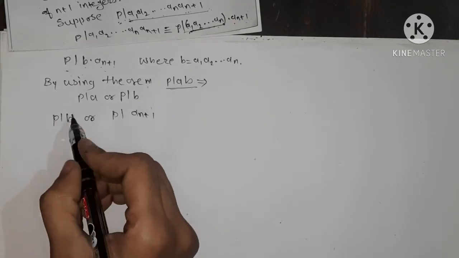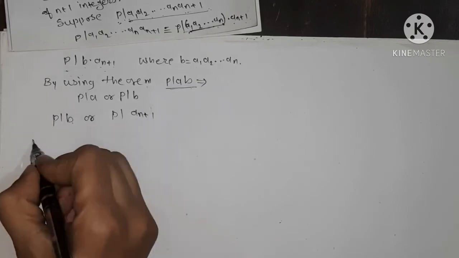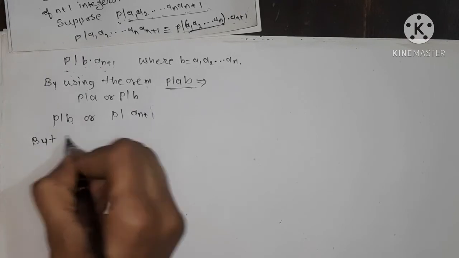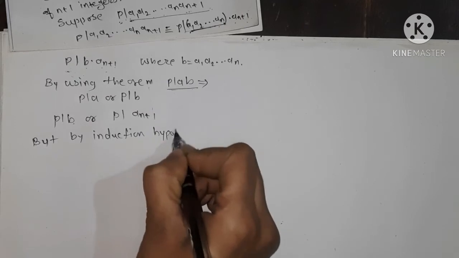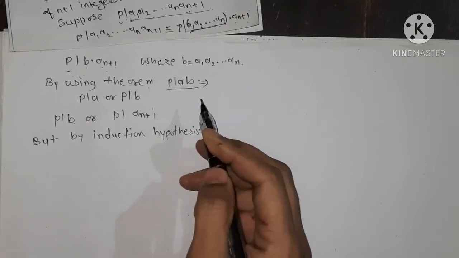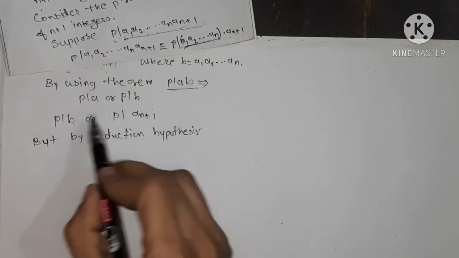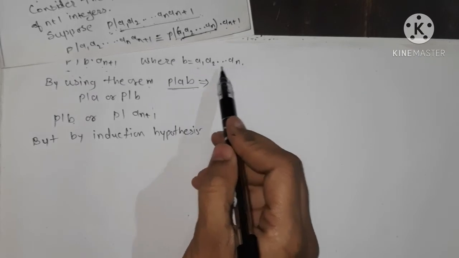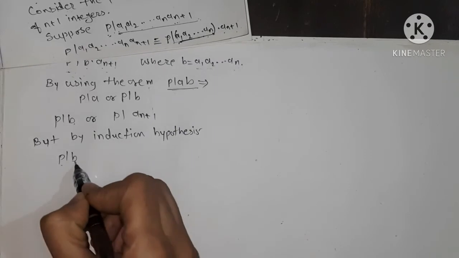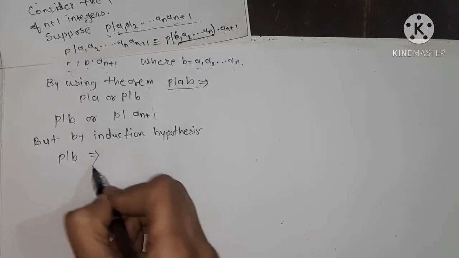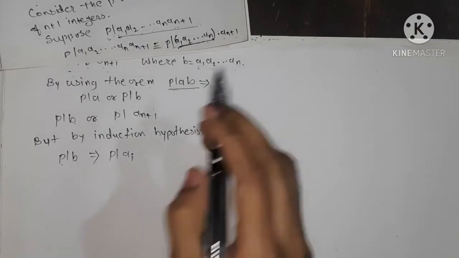Now since P divides B, by the induction hypothesis, we have considered that the theorem is true for some n belongs to N. So B is the product of some finite number of integers up to n. So P divides B implies P divides at least one AI from these factors of the product, right?